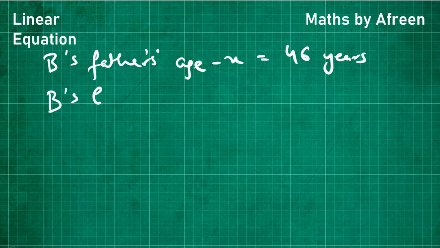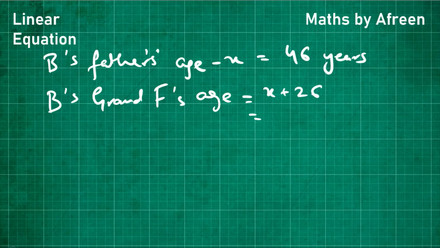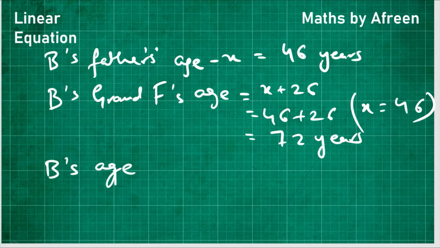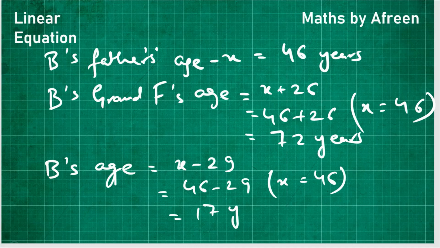Bachung's grandfather's age is x plus 26. That means 46 plus 26, as x equals 46, equals 72 years. And now Bachung's age is x minus 29 equals 46 minus 29, where x equals 46, equals 17 years.